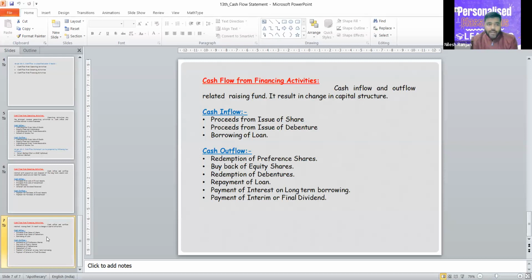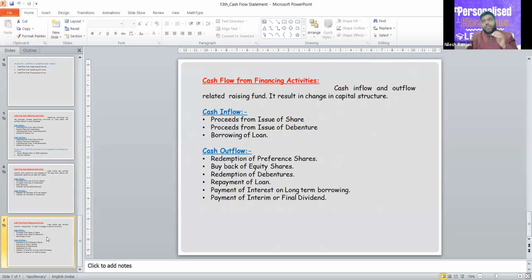Now, if we have to discuss cash flow from operating activities, there are two methods to calculate it. One is direct, second is indirect. We will discuss this later, but in your syllabus, there is only one method, the indirect method. Not the direct method. So I will tell you about both of these, but we will discuss in detail only the indirect method.